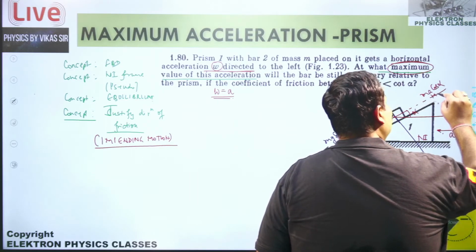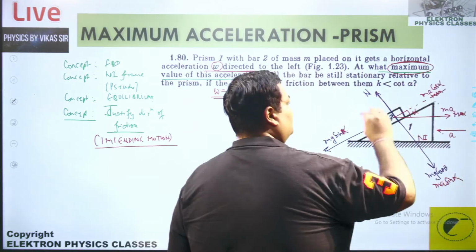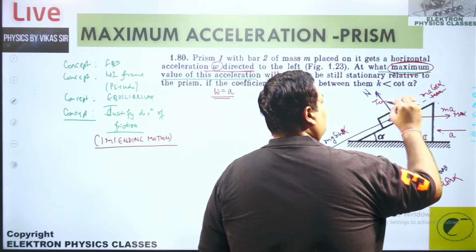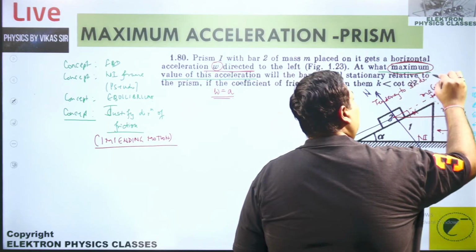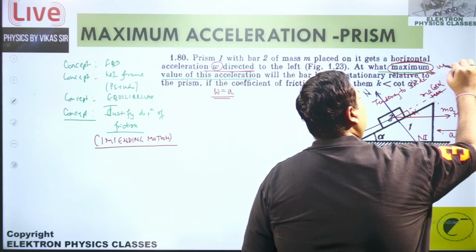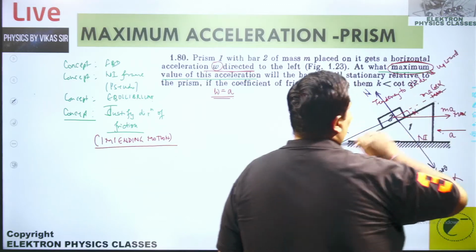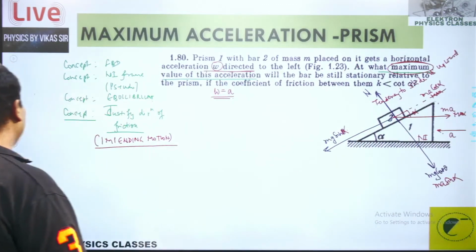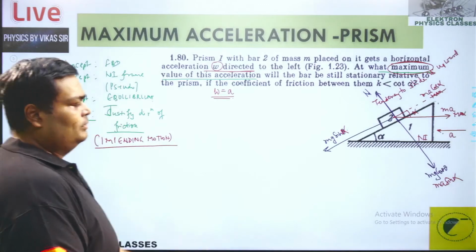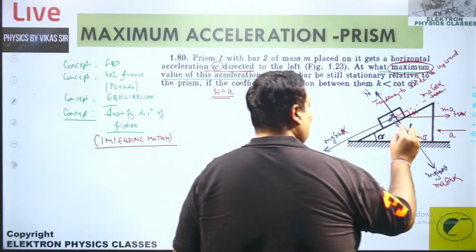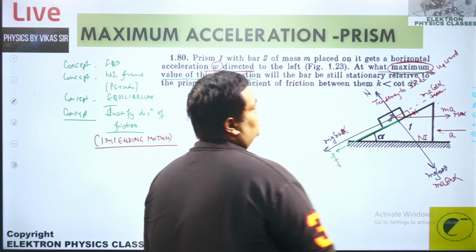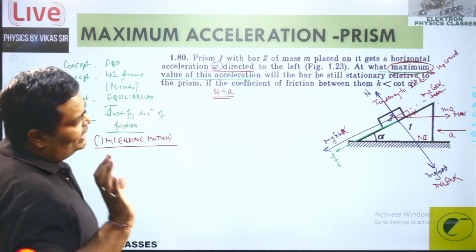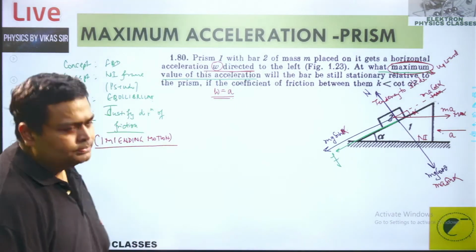So the tendency to slide is upward, and as a result our dear friend friction is going to act tangentially downward, opposing the tendency of sliding tangentially upward.